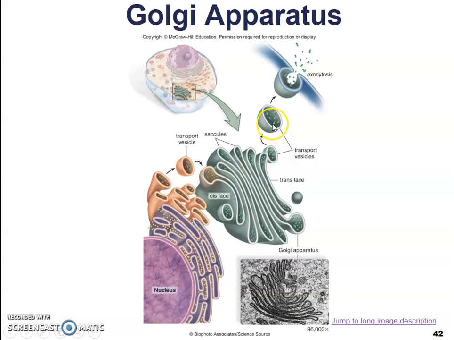And it may travel to the cell membrane out here, and whenever it joins with it, it's made of phospholipids, and it just kind of fuses with it, and if it is trying to get rid of what's inside that vesicle, the membrane will kind of open up and allow the substances to flow out. Down here we have an actual image of a Golgi apparatus. So you can see it does look like curved pancakes.